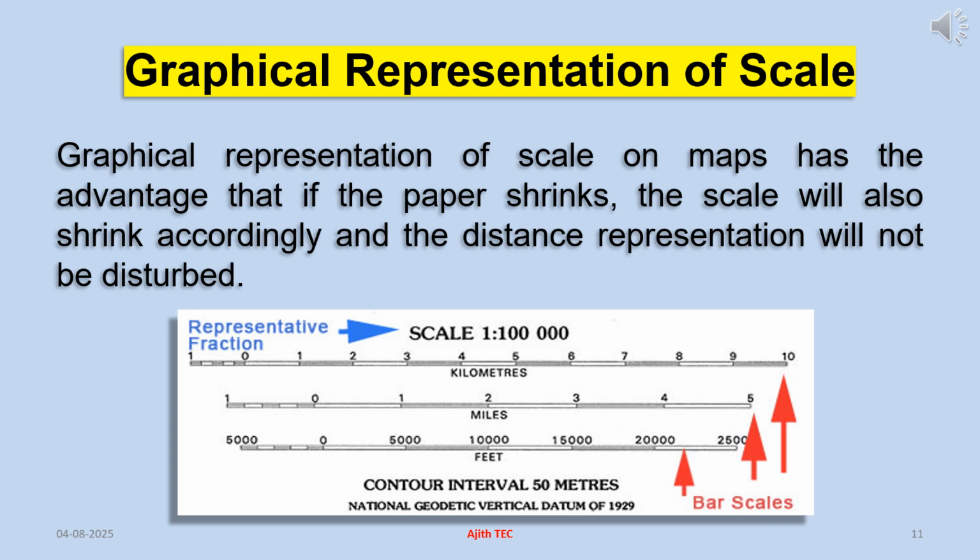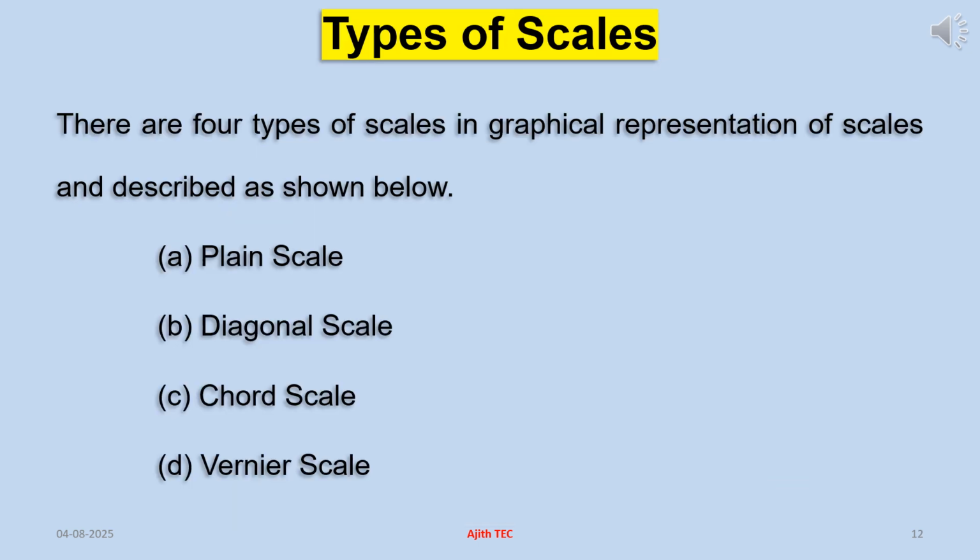The advantage of this method is that if the paper shrinks, the scale will also shrink accordingly and the distance representation will not be disturbed. Type of scale. There are 4 types of scales in graphical representation of scales, described as shown below. A. Plane scale. B. Diagonal scale. C. Chord scale. D. Vernier scale.